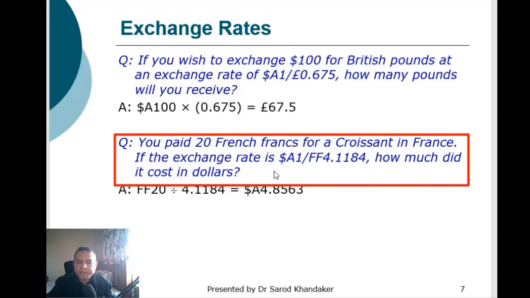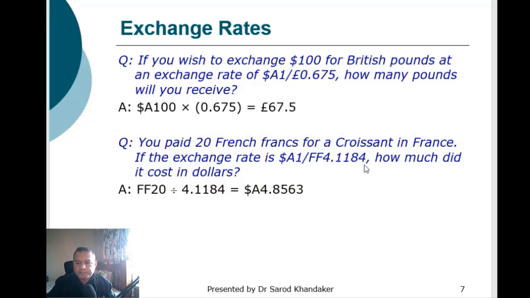So we know that $1 will purchase 4.1184 French francs, and we need to have 20 French francs. So how much will it be in Australian dollars? It's very simple. We'll just divide the 20 French francs by 4.1184, and that is the answer we're looking for.